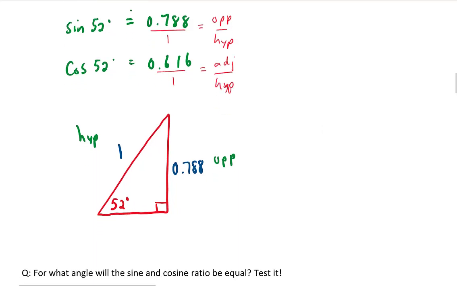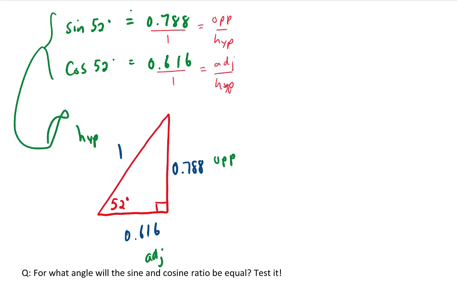So it's telling you that this side is 0.616 and your hypotenuse is 1. And if you look at this, if you use Pythagorean theorem, if you took 0.788, squared it, added it to 0.616 squared, you should get very close to 1. And sorry, this is the adjacent side. That's what the sine and cosine are telling you.